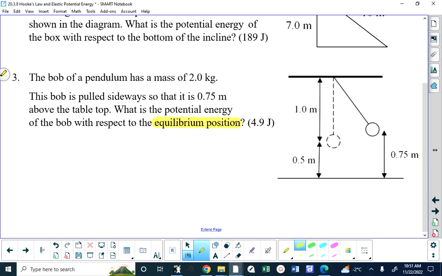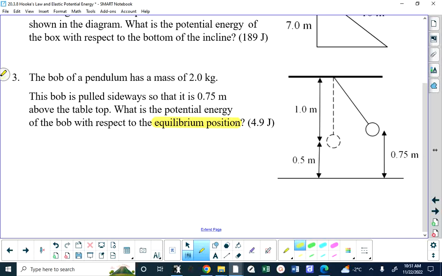Okay. On the other hand, I can talk about a spring, and I know that this question is about a pendulum, but I can talk about a spring with no mass on it, and I can say that the end of this spring has an equilibrium position right here. And an equilibrium position is something that we measure everything relative to.